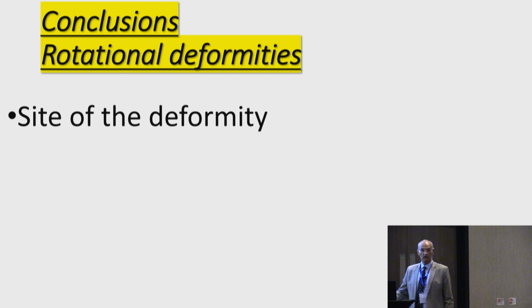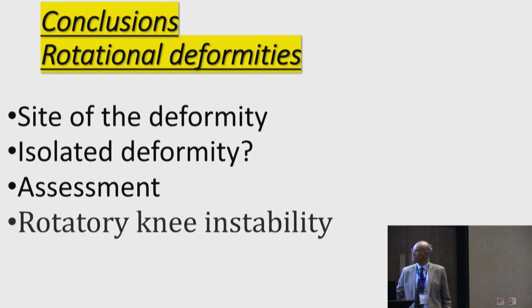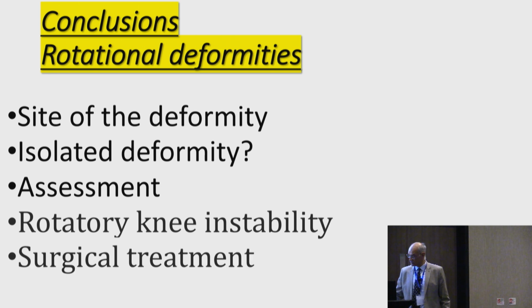In conclusion, the site of the deformity is very important: intra-articular, extra-articular, ligamentous. I can't say that I've seen an isolated deformity. For assessment, you have to think 3D. Rotatory knee instability is there, and you have to think about it. For surgical treatment, you have many options to choose from. Don't think about one option.